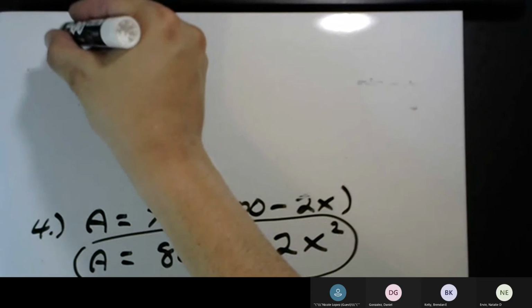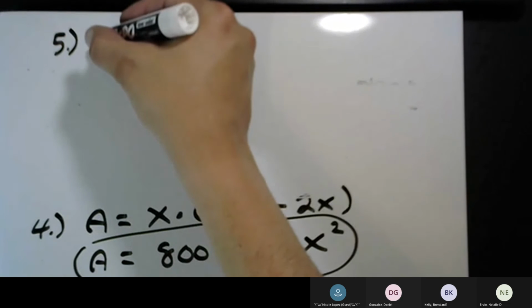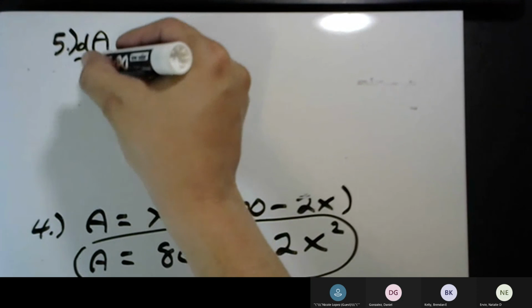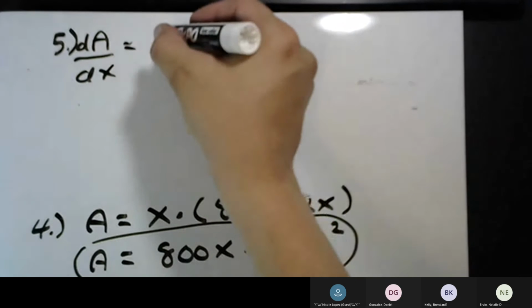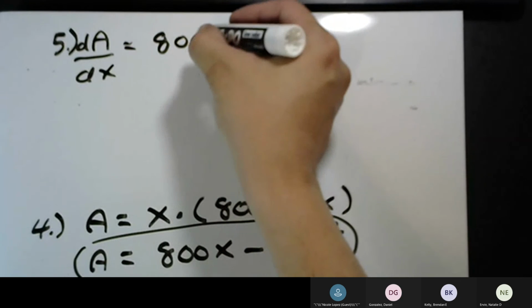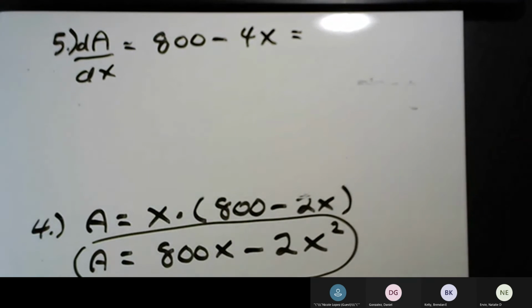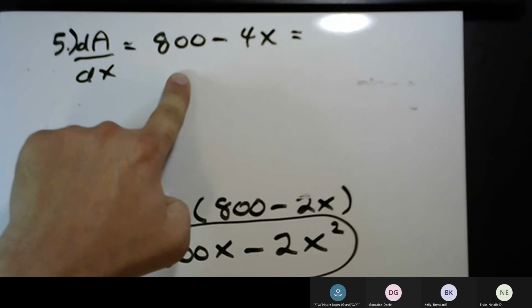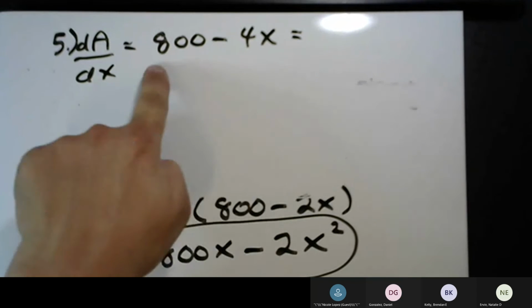So for step 5, we want to maximize this. So that means you want to find the critical points. So we're going to indicate dA/dx because we're interested in maximizing our area. So this will be 800 minus 4x. And since we're looking for critical points, we want to find points that make this either undefined or 0. Well, there's no division by 0 possibilities.